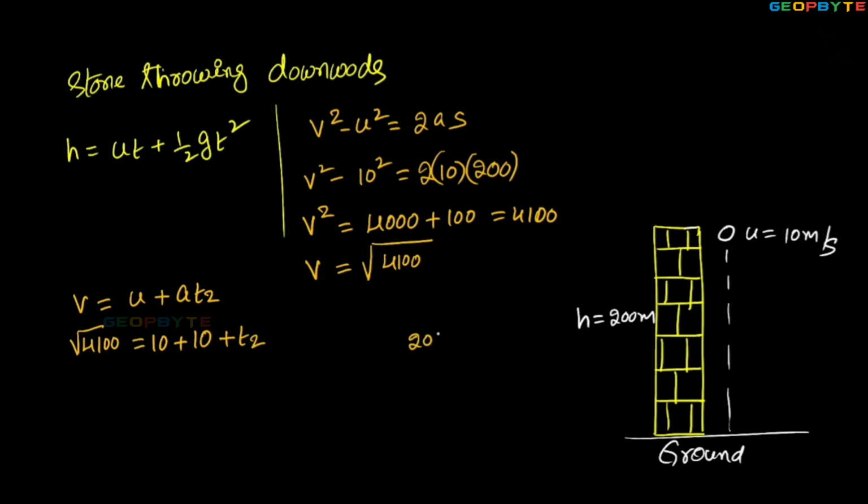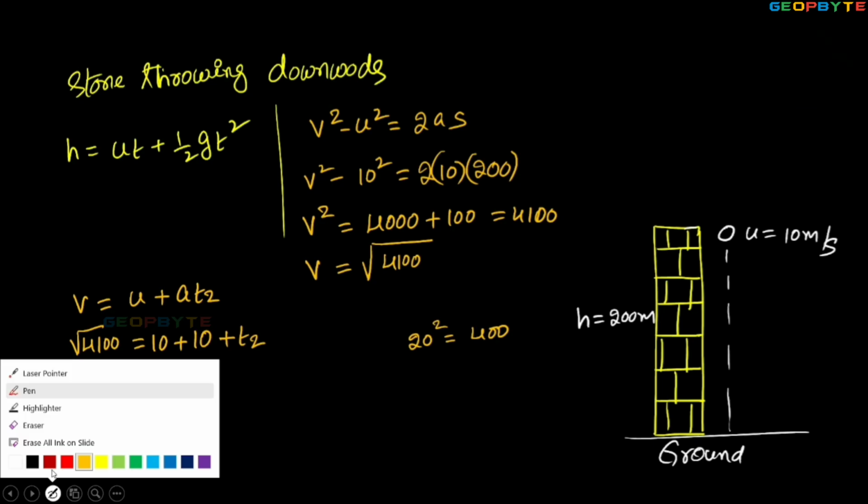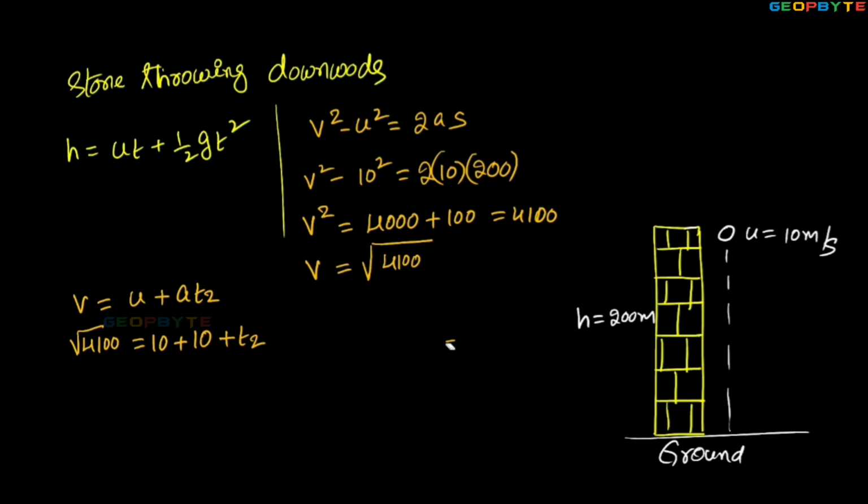One minute. 4100, how can you write? 20 square equal to 400. This can be written as 100 into 41.